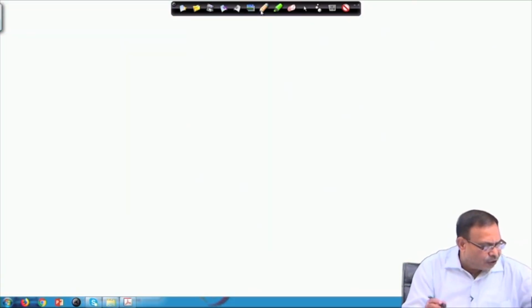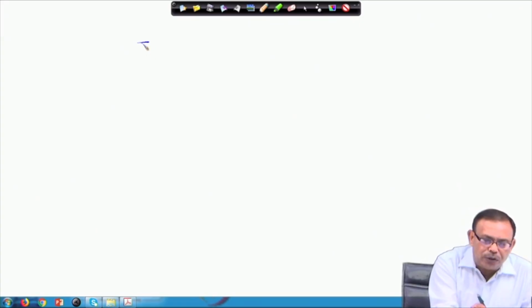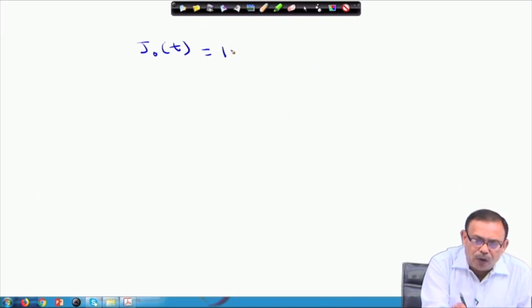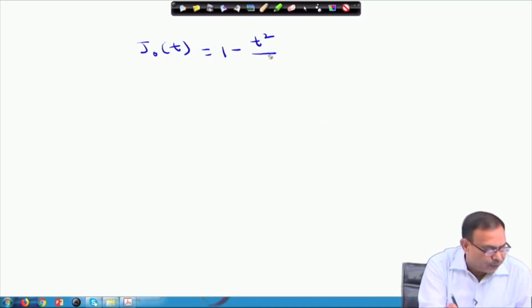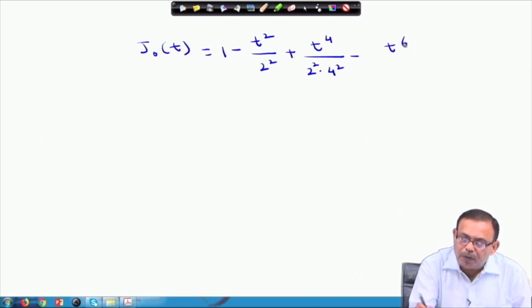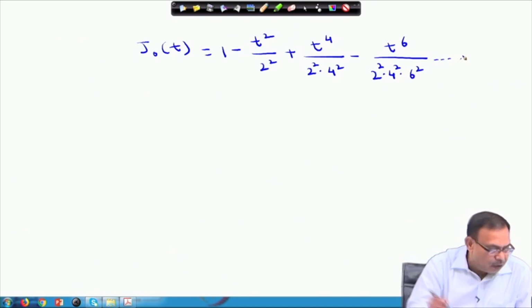The first one is, as I told you, J0(t) is nothing but 1 minus t square by 2 square, I have written it, plus t to the power 4 by 2 square into 4 square, minus t to the power 6 by 2 square into 4 square into 6 square, and like that it will continue.